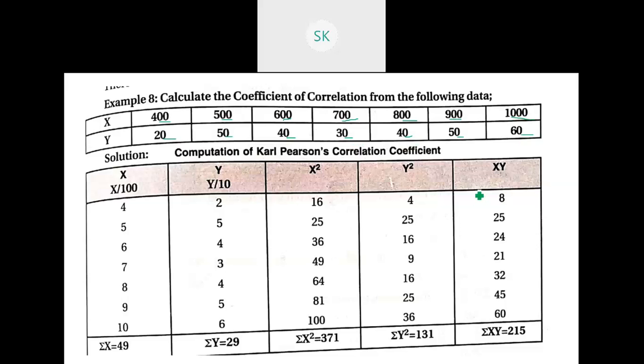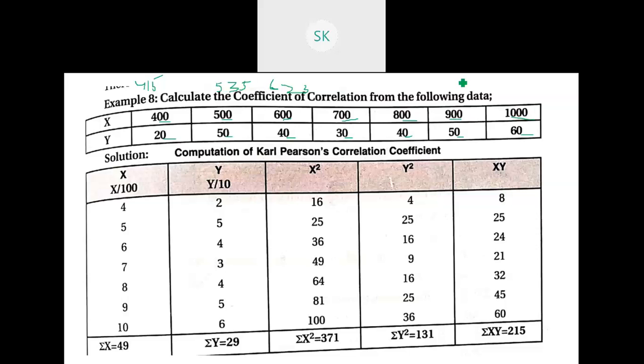If the problems are like this and easily convertible, only then can you apply this method. Suppose the data was 415, 535, 623, some random numbers. In such a case, you will not be able to find a common factor to divide, so you cannot apply this method.